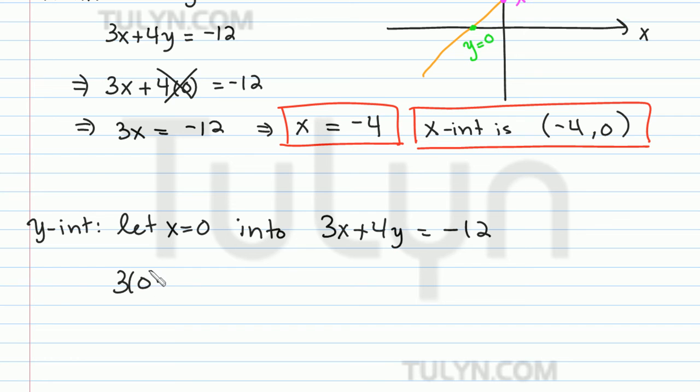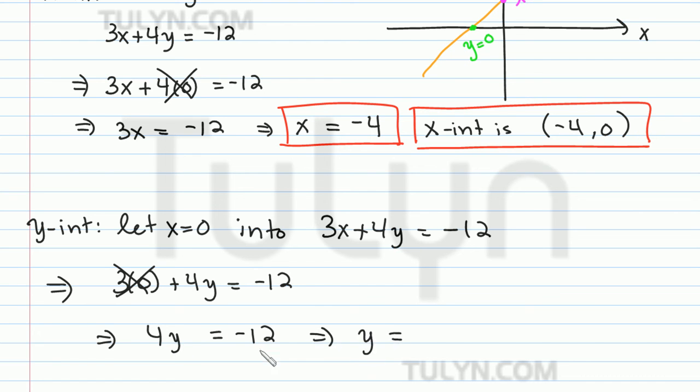So 3 times 0 plus 4y is equal to negative 12. The 3 times 0 goes away. And so we have 4y is equal to negative 12, which means that y is equal to negative 12 over 4, which is negative 3.